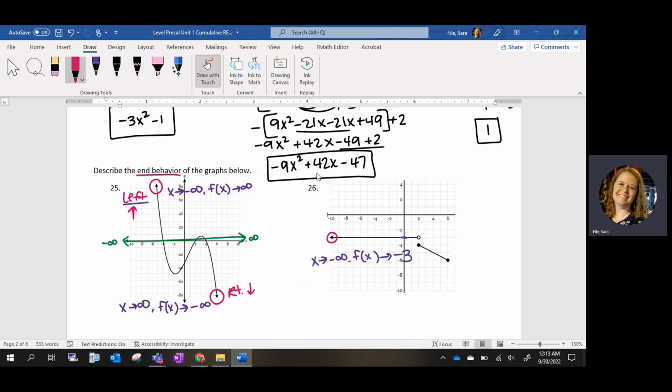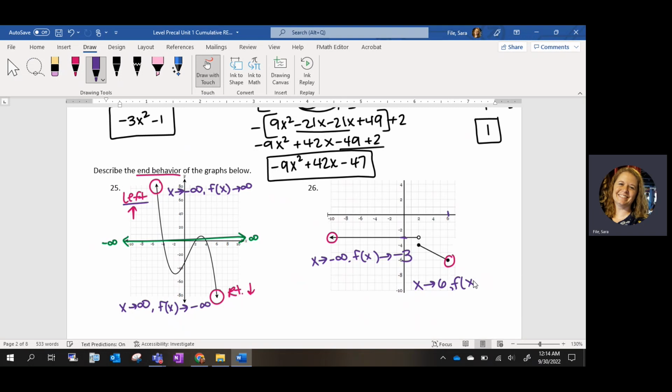Okay, and then on the right side, this is not an arrow. This graph stops here. So the right end of this graph is not as x approaches infinity, it's as x approaches whatever the x value is there, in this case, 6. So the right side is x approaches 6 instead of x approaches infinity because there's an endpoint instead of an arrow.